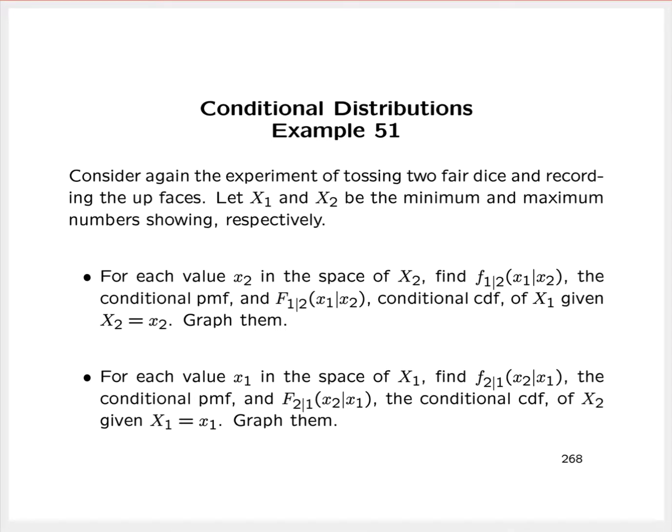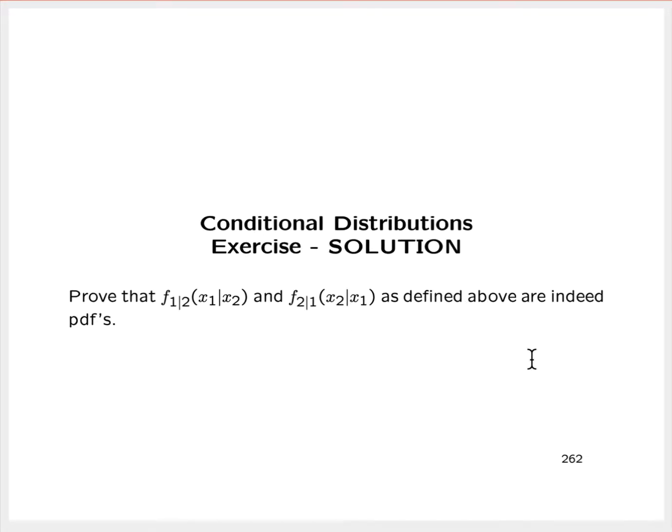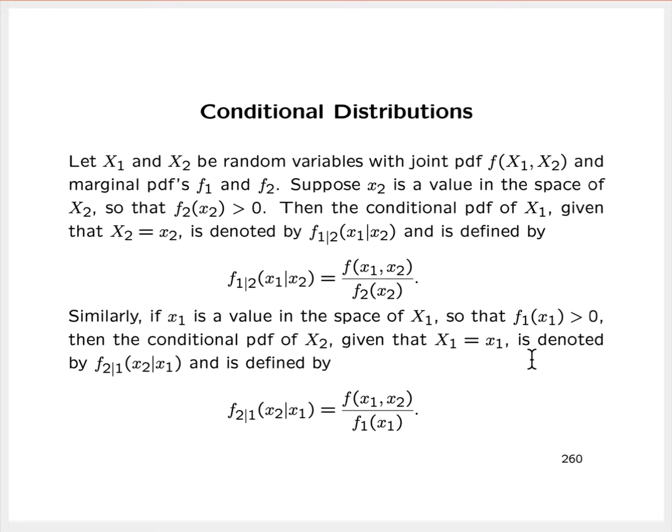Okay, and you'll remember that the way that we compute the conditional PMF is to divide the value of the joint PMF by the marginal PMF. And so in this case, if we're conditioning on x2, then we are going to be computing the conditional PMF of x1 given x2. So we're going to divide the joint PMF by the marginal PMF of x2.